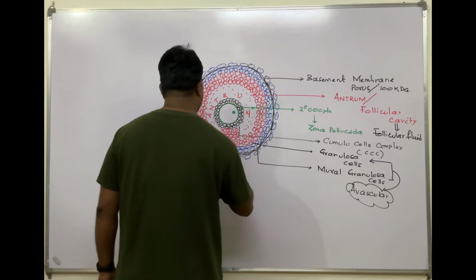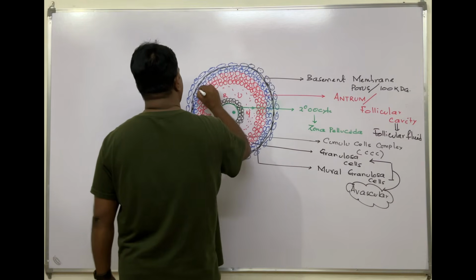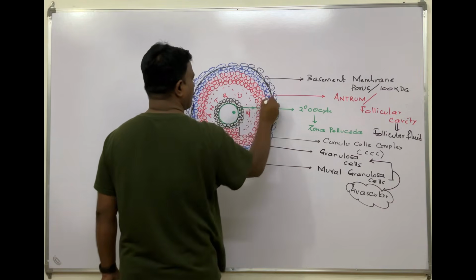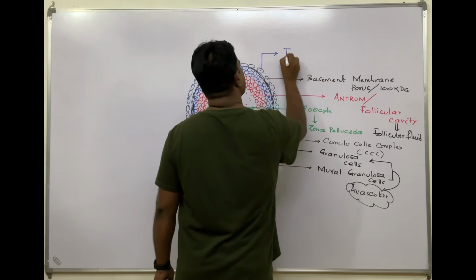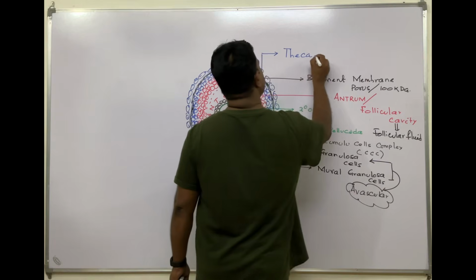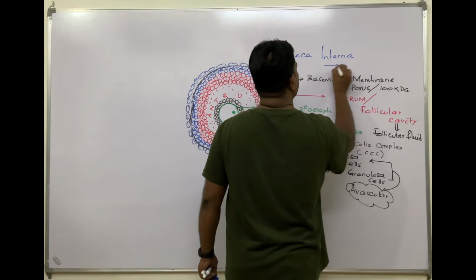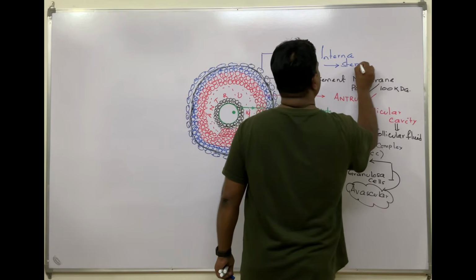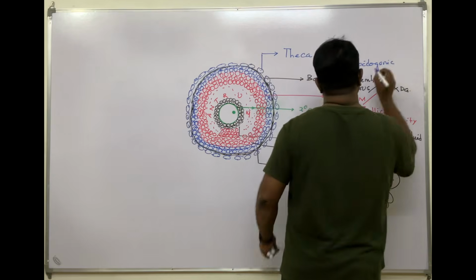I am not drawing the nucleus, but these are all nucleated. They are staying close to the basement membrane. These cells are known as the theca cells, and specifically the theca interna, and these are steroid synthesizing cells. So they are steroidogenic cells.